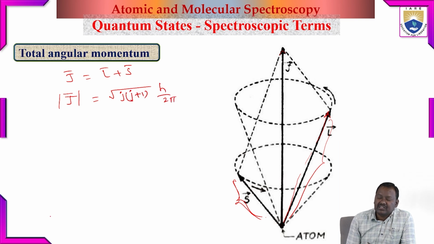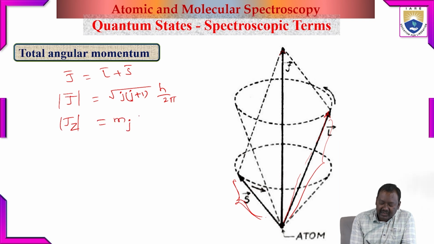The length of the total angular momentum component in the direction of the magnetic field is Jz, given by Mj into h cross, or h by 2 pi.